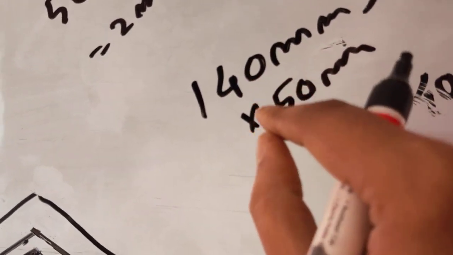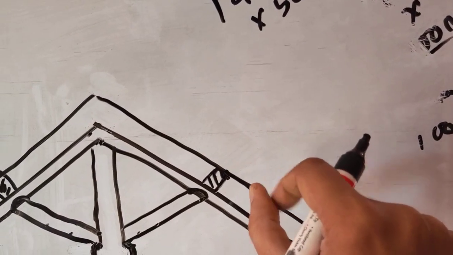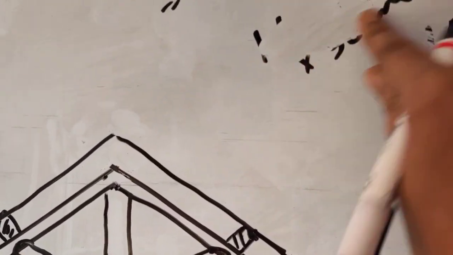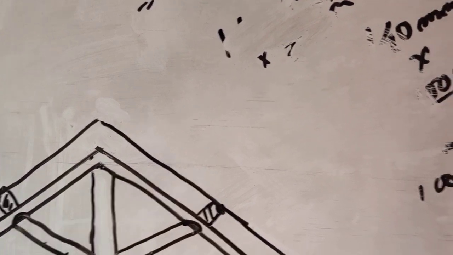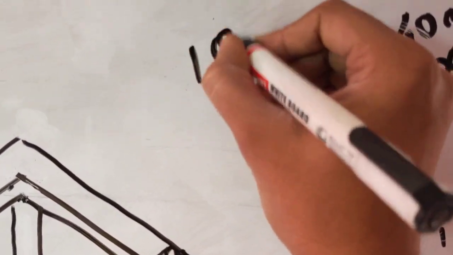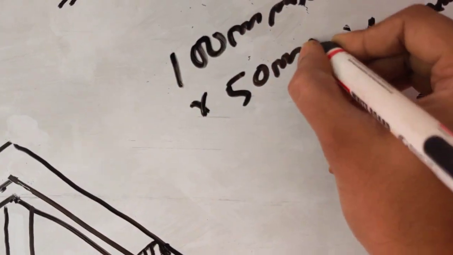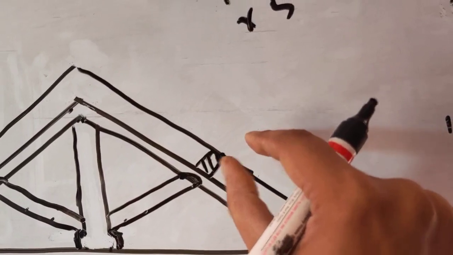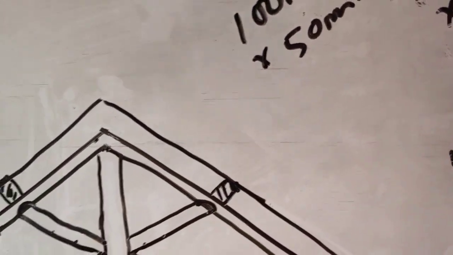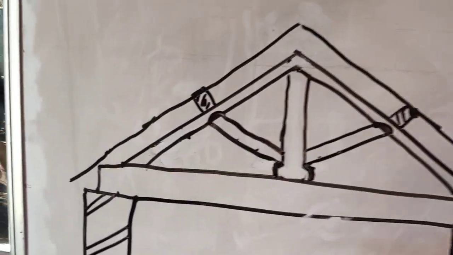So 140 is the breadth and 50 is the thickness. So this will be 140. Oh, sorry, it is not 140 by 50. Let me check. Yes, it is not 140. I'm sorry. It is 100 mm by 50 mm. Okay, that means this is going to be 100 and inside the thickness is going to be 50.